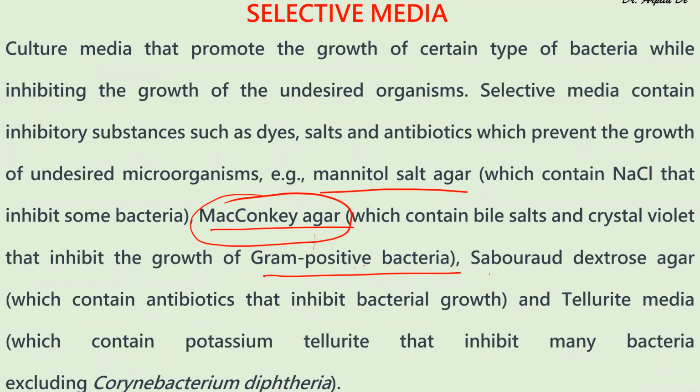Then comes Sabouraud agar, which contains antibiotics that inhibit bacterial growth, and tellurite media, which contains potassium tellurite that inhibits many bacteria, excluding Corynebacterium diphtheriae. So you can use this media for culturing this bacterium, but not for anyone else.